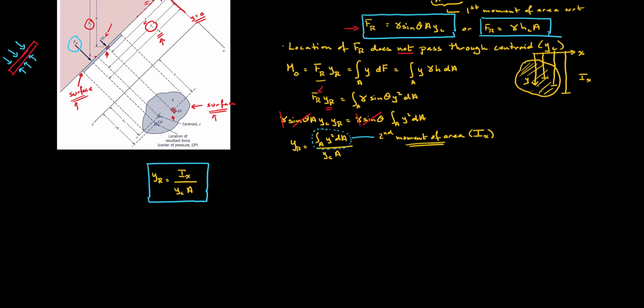We can find the location of xr, so xr being this quantity over here, with respect to the y-axis. And without showing all the details, xr is equal to Ixy divided by yc a, where Ixy is the second moment of area with respect to both the x and y axes.